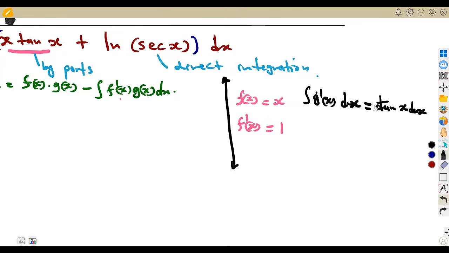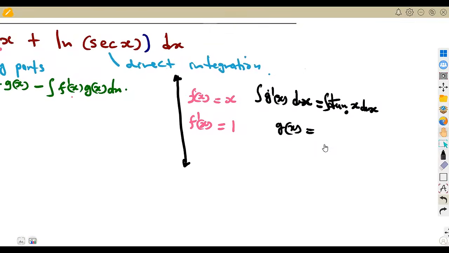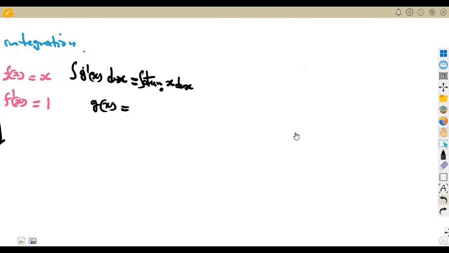So to find g of x, integrate both sides. This will be g of x is equal to the integral of tan x. How do you integrate a tan? On your formula sheet, on page number 2, get to page number 2 so that we move together.